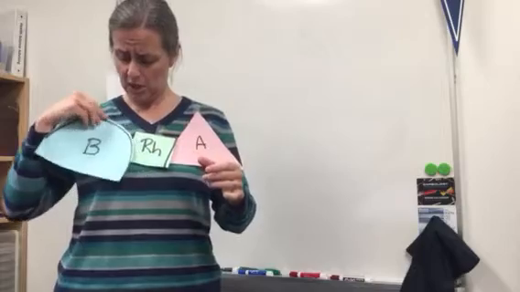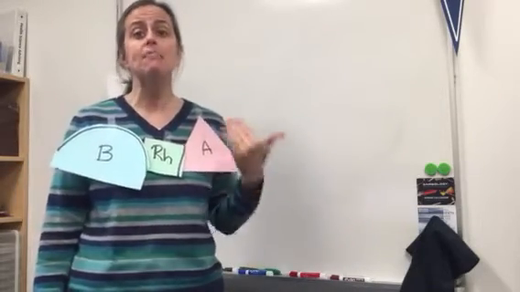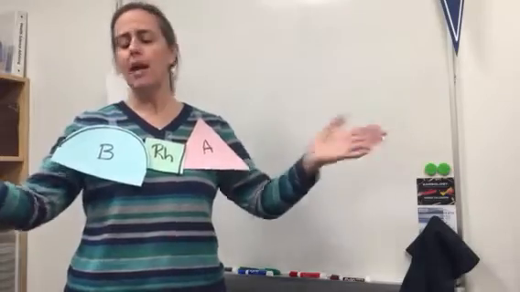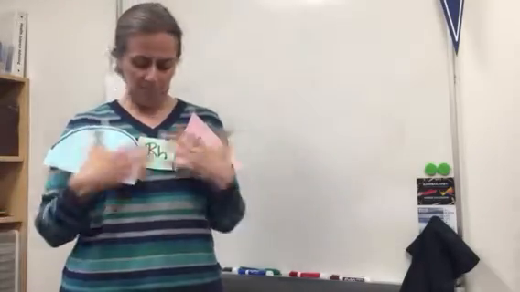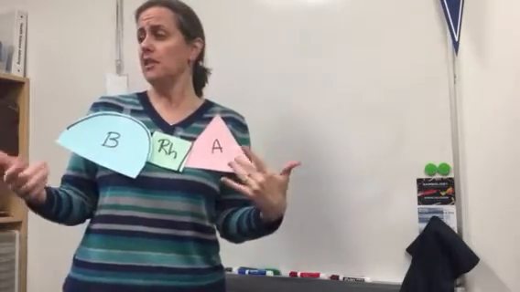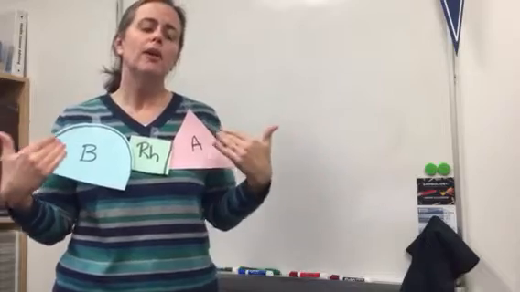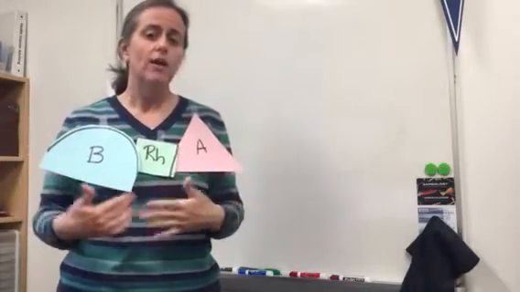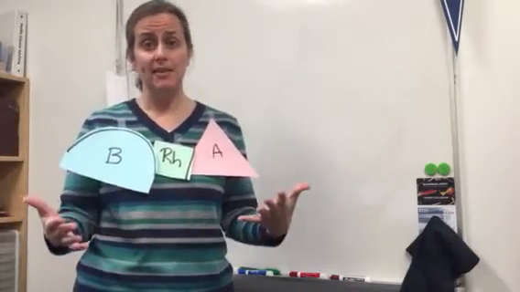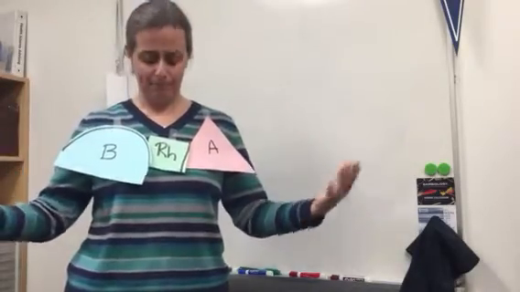So people who are AB positive, you can give them any type of blood because their immune system's like, oh yeah, A antigen, that's fine. B antigen, that's fine. RH antigen, that's fine too. So people who are AB positive, we call the universal recipient because they can receive blood from anybody.